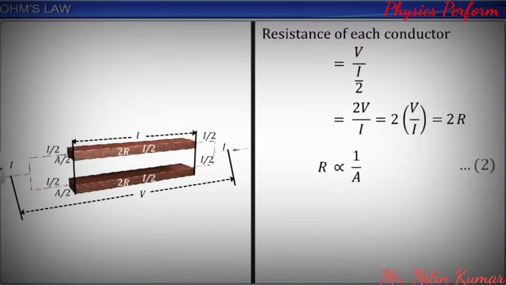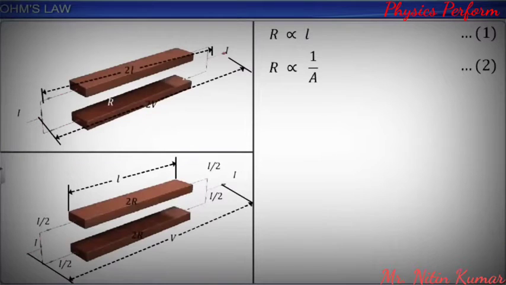Let this be equation 2. Combining equations 1 and 2, we can write resistance R is proportional to L by A. Let this be equation 3.